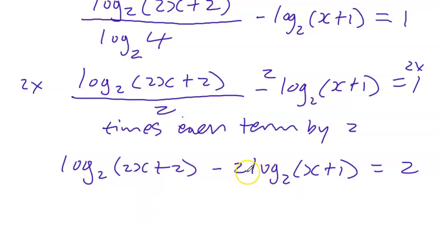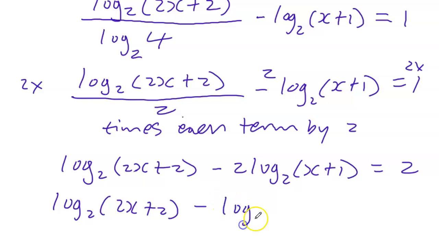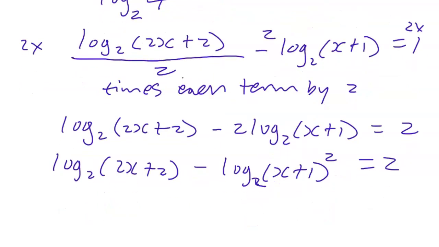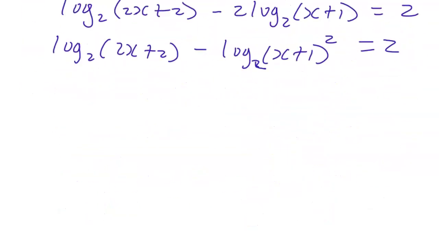So now you will recall one of the laws of logarithm. This 2 we can bring up as the power here. So log of 2x plus 2 minus, and then this 2 we can make the power there, so this is x plus 1 to the power of 2, is equal to 2. Now remember one of the laws of logarithm: log a minus log b is equal to log a over b.